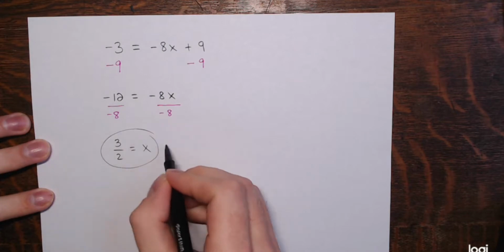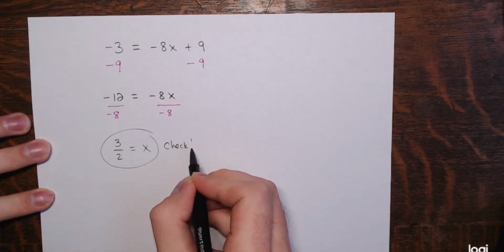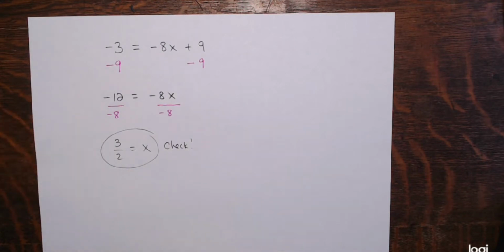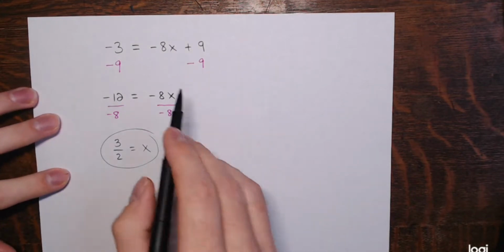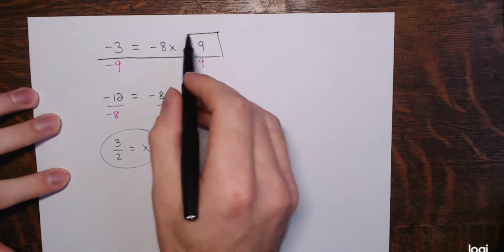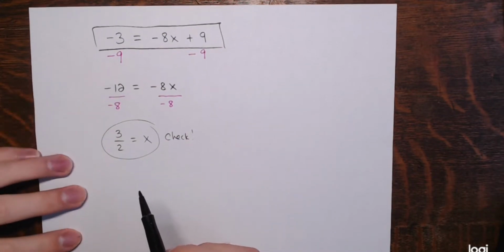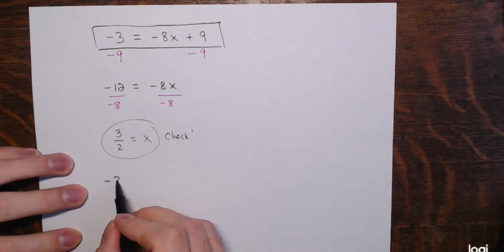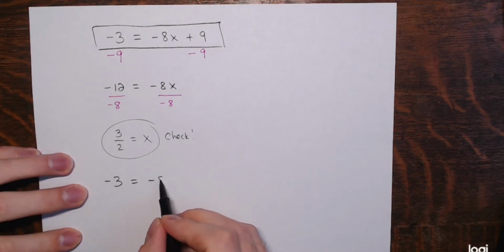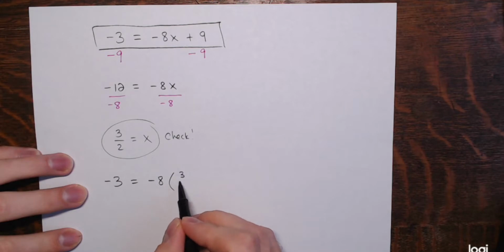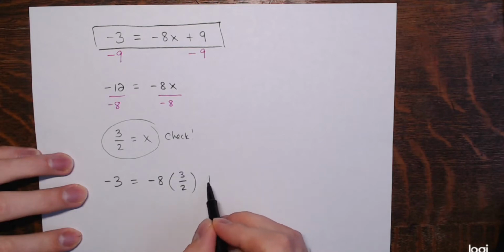Let's check it. Because I made that error in the first one, I might actually check the solutions for all these. So I'm going to go back to the original equation, that one there. Replace x with 3 halves, or 1.5. So negative 3 equals negative 8 times 3 halves plus 9. Now 2 goes into 8 4 times.